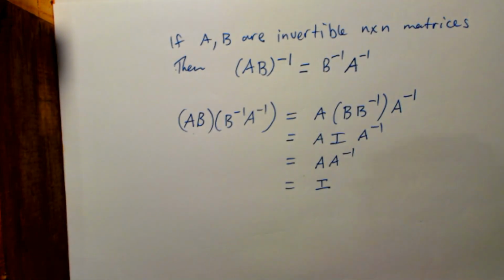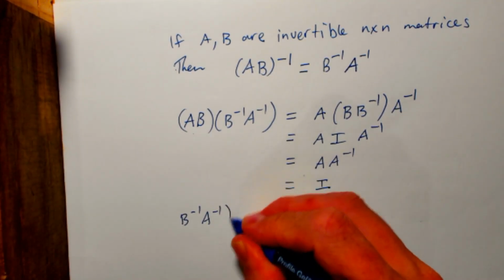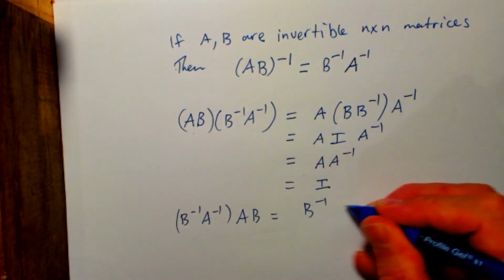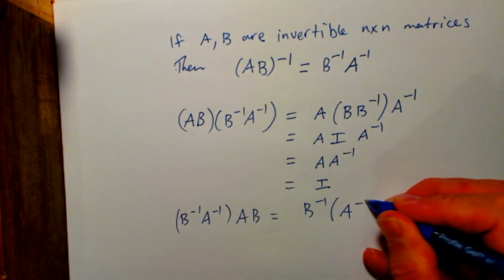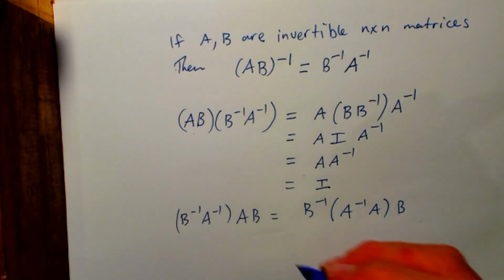Now the other way around, B inverse A inverse times AB is equal to B inverse A inverse A B, moving the brackets around by associativity.